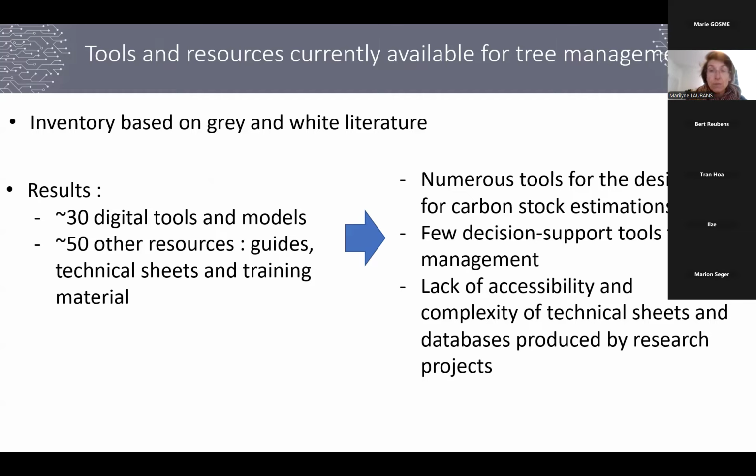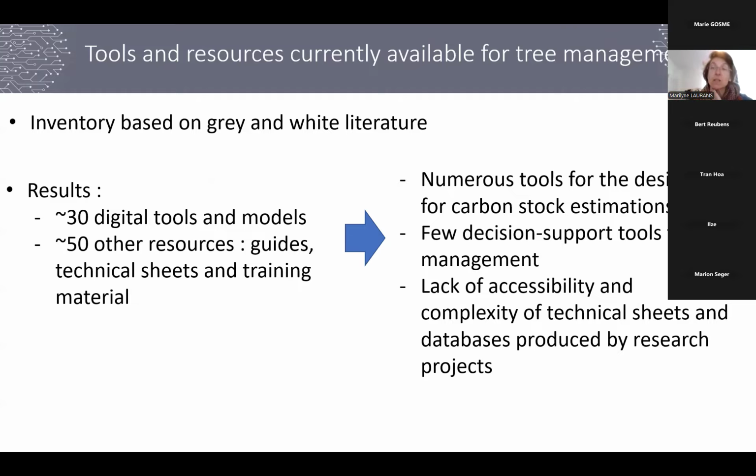We can see that numerous tools are dedicated to designing agroforestry system and estimating carbon stock. Conversely, few decision support tools are available for managing trees from planting to harvest. Most of the resources listed under tree management are guides, technical sheets, or training courses.